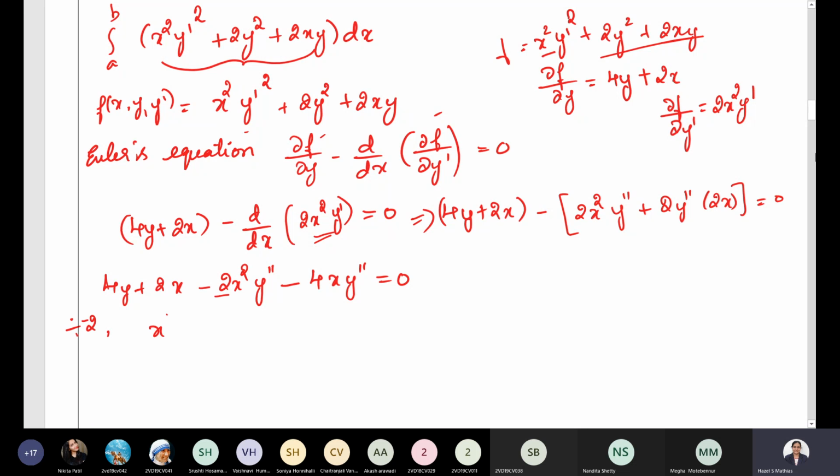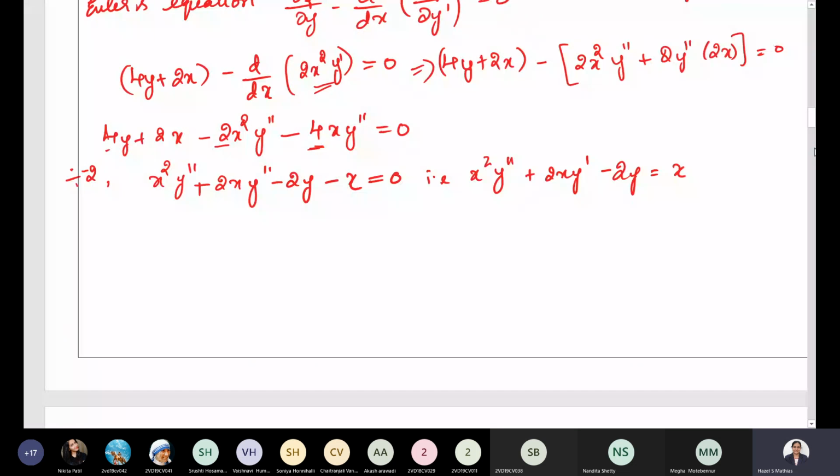We will have x² y'' plus 2x y' minus 2y equal to x. This is the final equation we get.